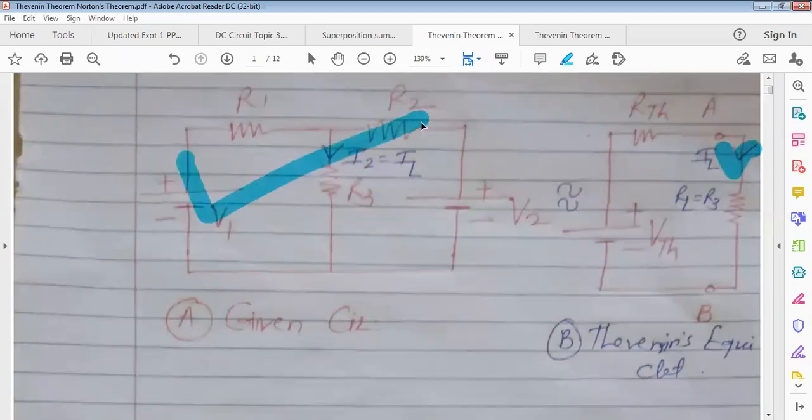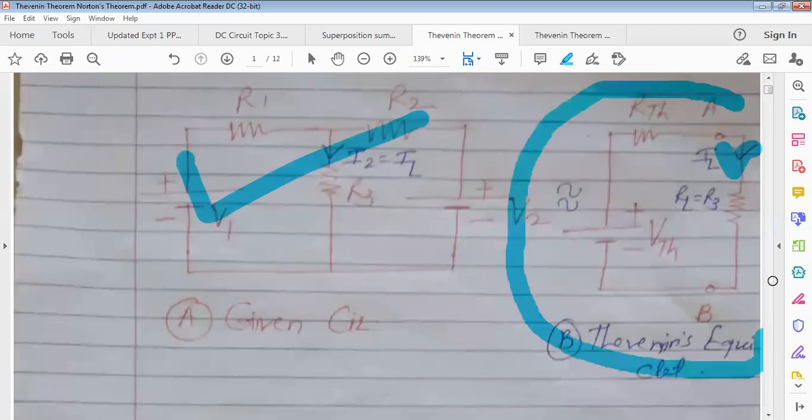Whatever the circuit on your left hand side, right hand side, Thevenin's equivalent circuit will be the same for all circuits. Only the values of VTH and RTH and RL and IL will be different. Values will be different, but the structure is the same. VTH in series with RTH, in series with RL, and the current flowing through this circuit is IL. Okay, and this is called Thevenin's equivalent voltage.